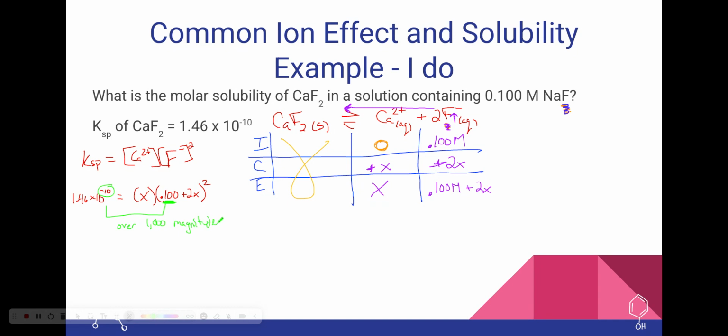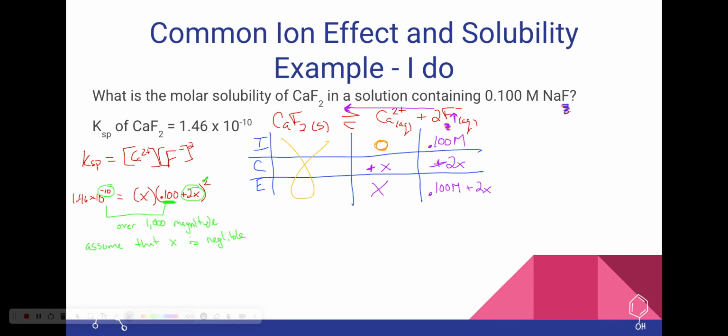Now, because of that, guys, because we have over 1,000 magnitude apart between our concentration and the Ksp value, we're going to assume that x is negligible. Now, the x that we're going to assume is negligible is anytime x is tied with a plus sign or a minus sign, like right here. That's going to be the quantity we assume is negligible.